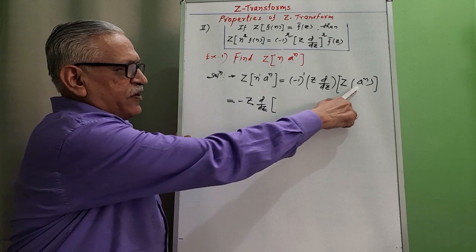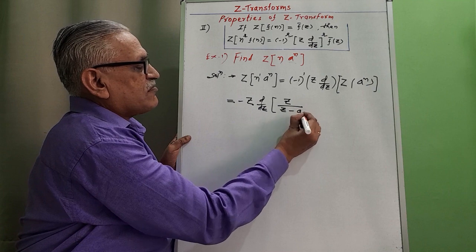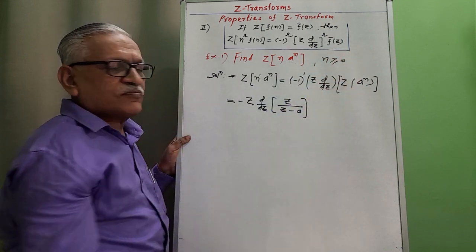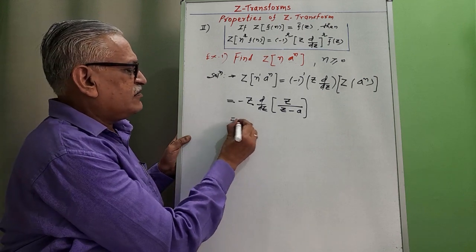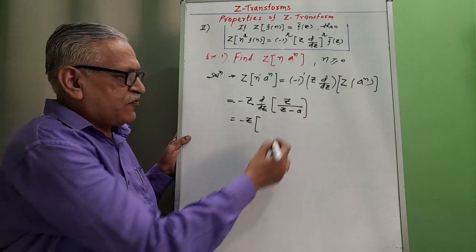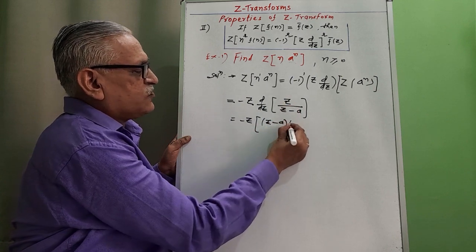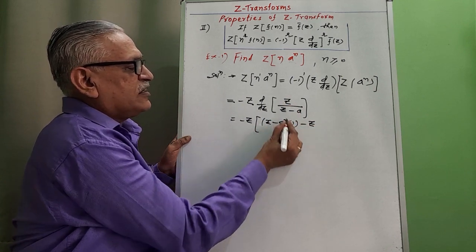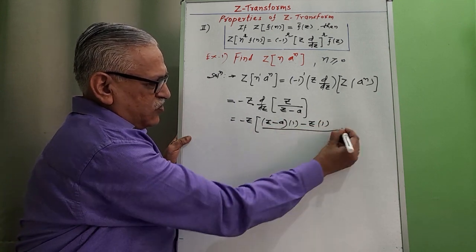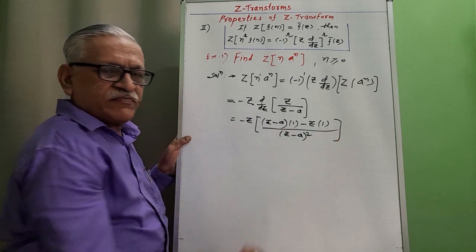And the Z transform of a raised to n, standard result, is z upon z minus a, under the condition n greater than or equal to 0. Then minus z, differentiating this term with respect to z by the quotient rule: z minus a, derivative of z is 1, minus z, differentiation of z minus a with respect to z is 1, and the whole divided by z minus a whole square.